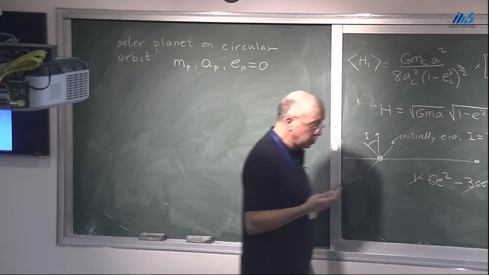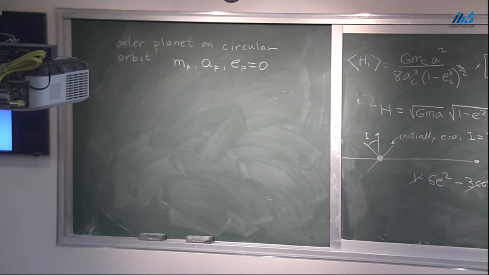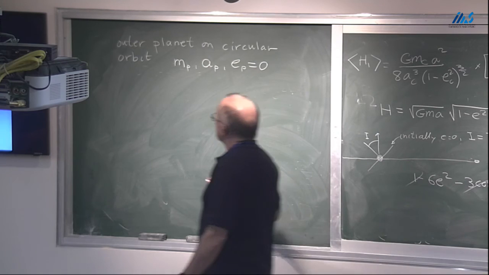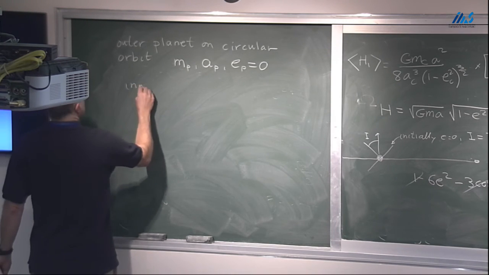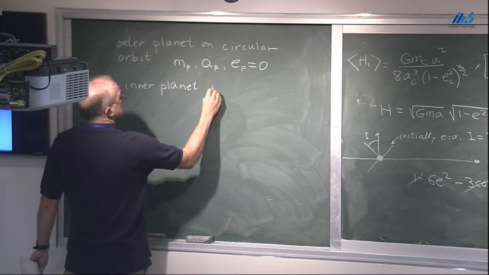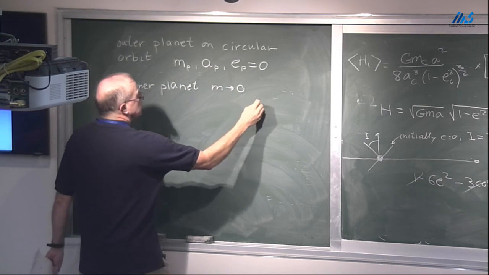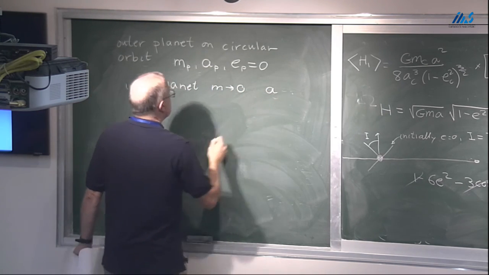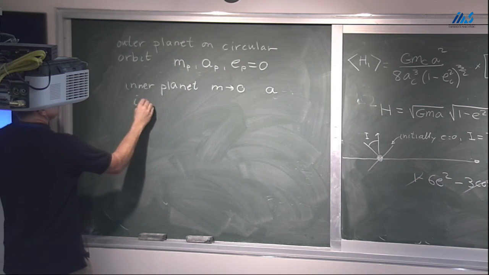And then we'll assume that the inner planet has negligible mass. Its mass goes to 0. Semi-major axis is A. I'm going to assume that its inclination is 0.